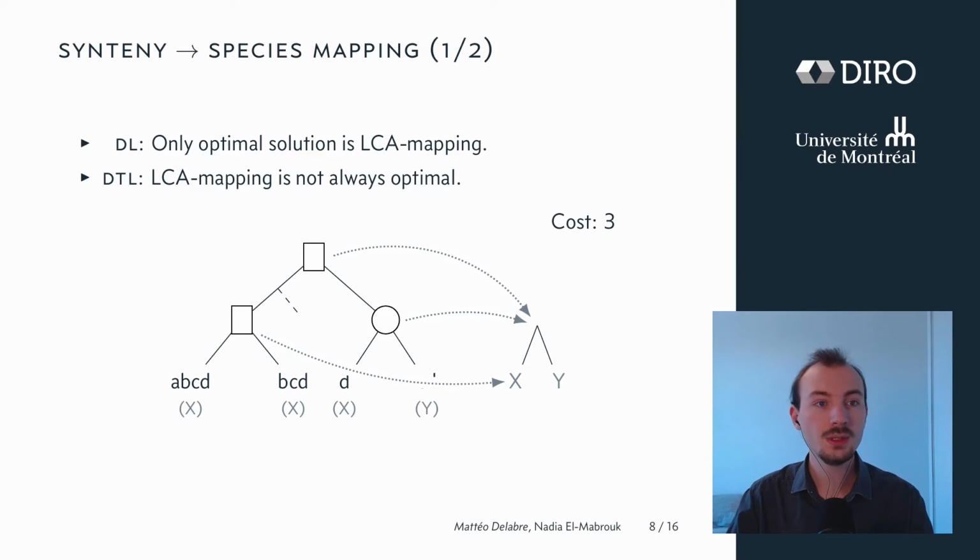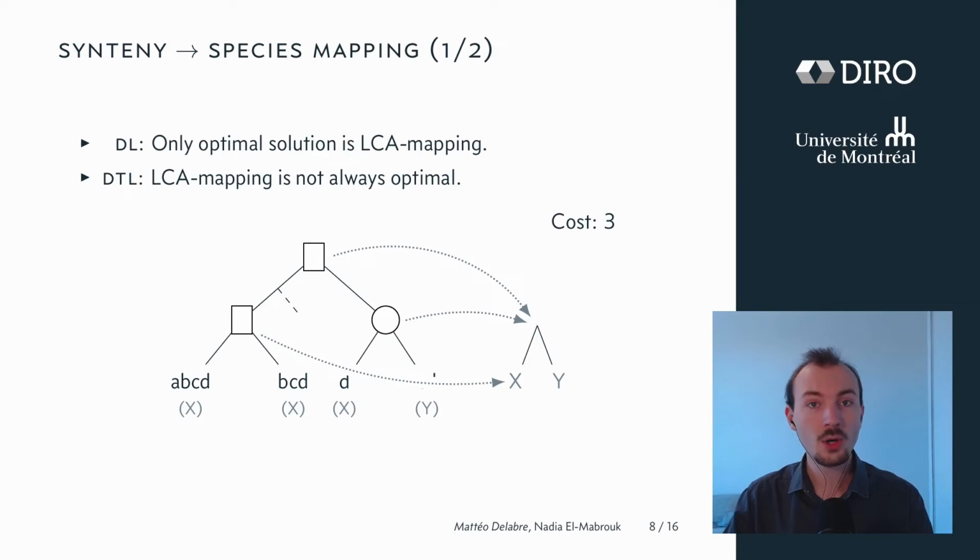First, the synteny to species tree mapping. In the DL setting, the only optimal solution is to take the LCA mapping. The LCA mapping is simply a mapping that associates to each node the last common ancestor, or LCA, of the subtree below that node. This mapping contains 3 evolutionary events, so its cost is 3.